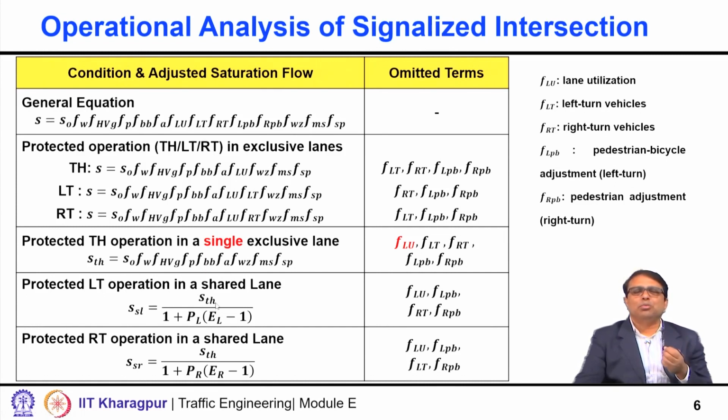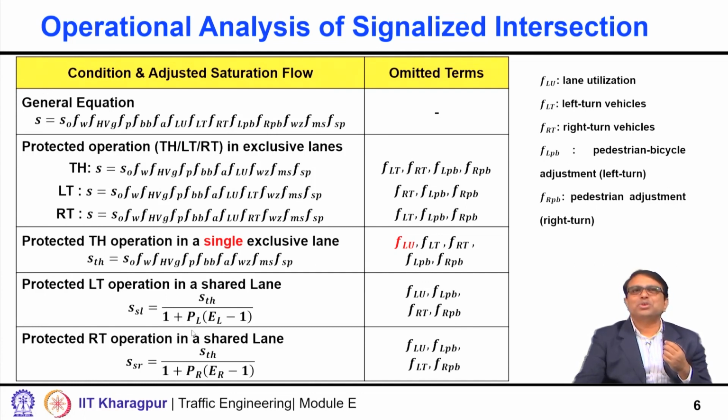Now, protected left turn operation in a shared lane. Earlier I said left turn operation in an exclusive lane, but here it is a shared lane. For the shared lane, you are already familiar with this sort of equation. I have discussed it, we have used it earlier. If it is a shared lane, then whatever the through saturation flow is, it will get further modified by two other factors.